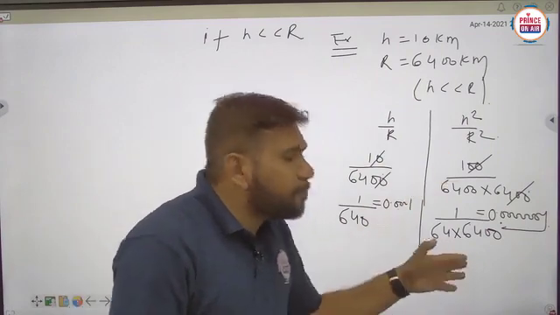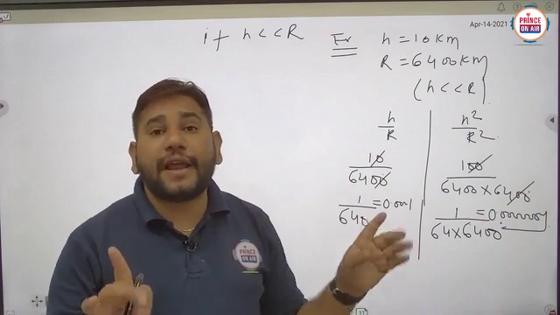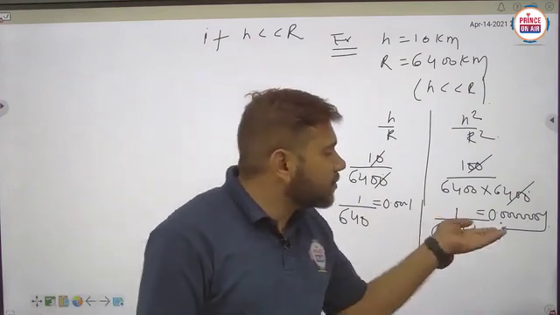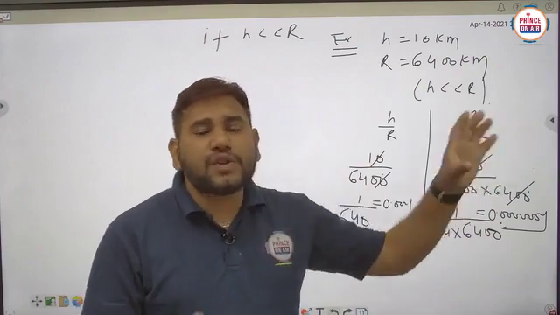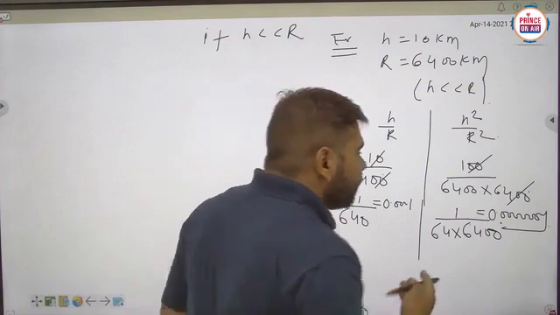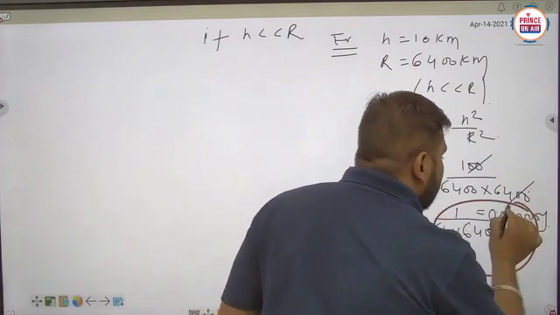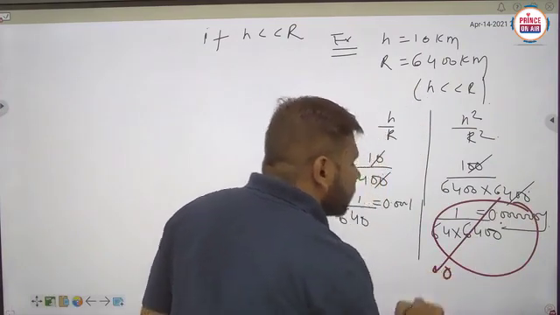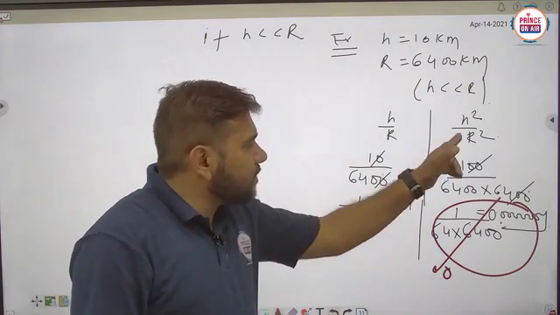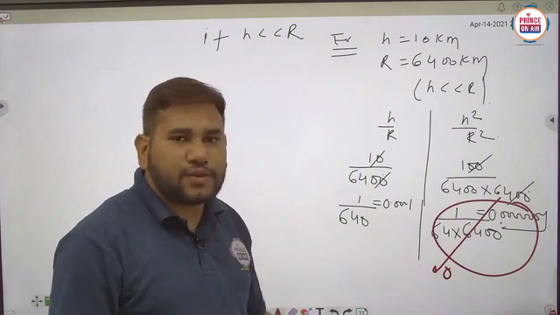Such types of small values we can neglect, because these values are 0.0000. So I can assume that these values are almost equal to 0. Such values can be ignored and assumed to be 0. I can only consider this one value. So the h square upon R square term may be assumed as 0.